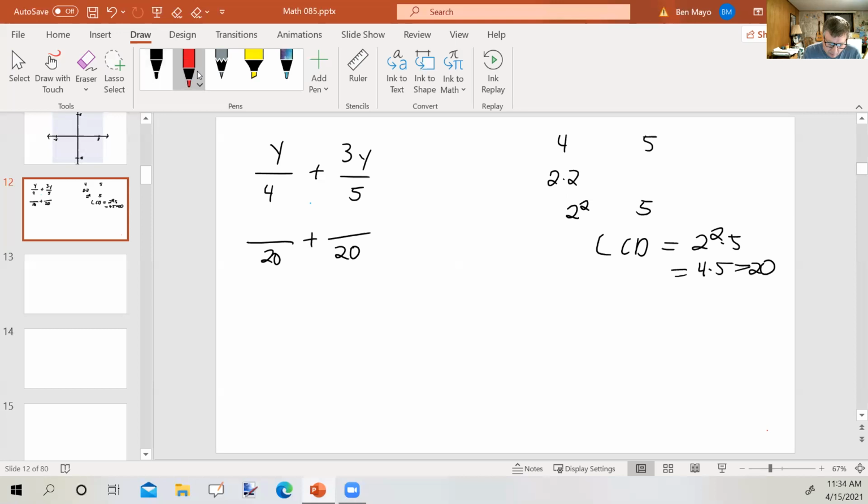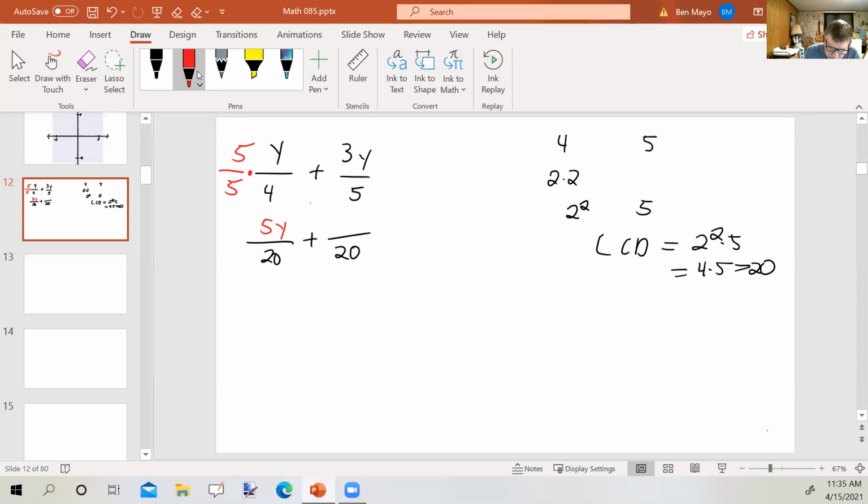So y over 4 equals what over 20? Well, if we multiply the denominator by 5, we get 20 in the denominator. Whatever we do to the denominator of the fraction, we must do the same thing to the numerator. So y over 4 becomes 5y over 20.